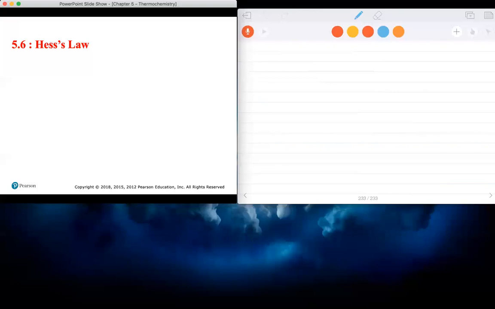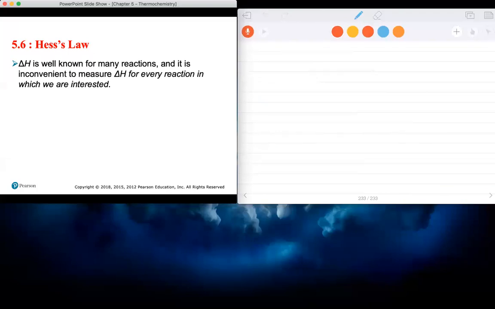In that case, we use what we call Hess's law, which is simply a technique of using many equations to arrive at the final overall reaction. That means for a very complex reaction where it's not possible to use the coffee cup calorimeter or pump calorimeter, we can use many reactions, underline the word many.